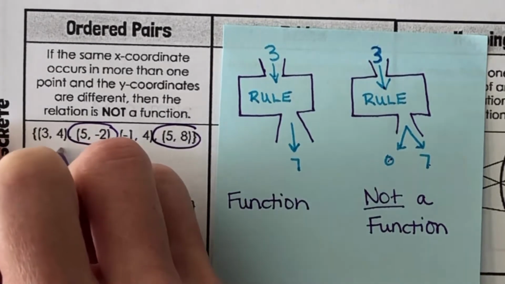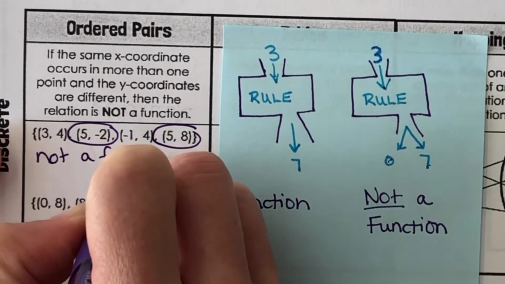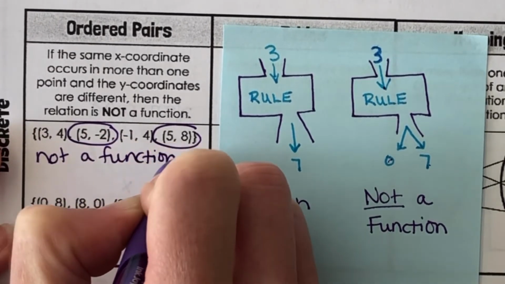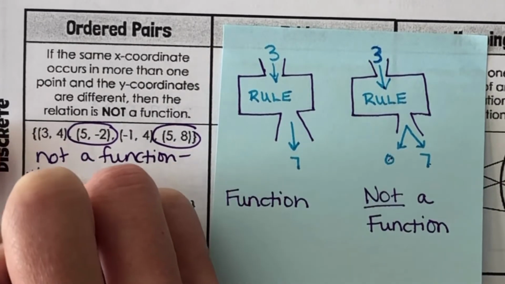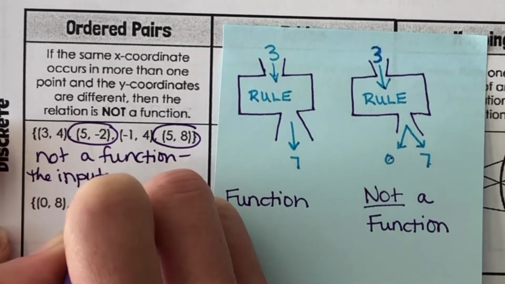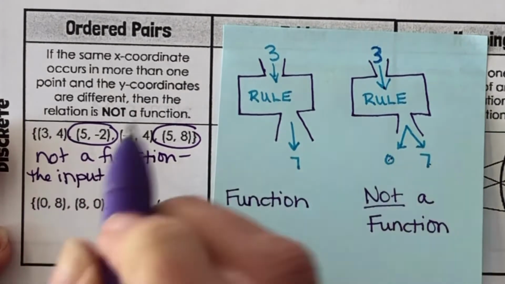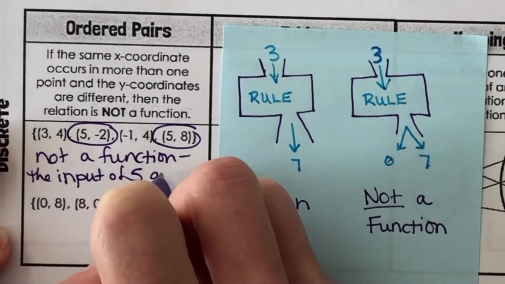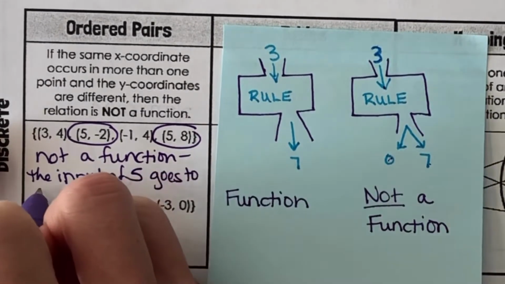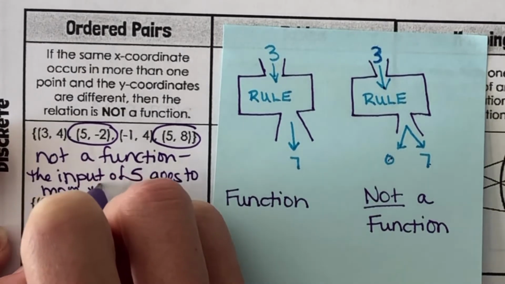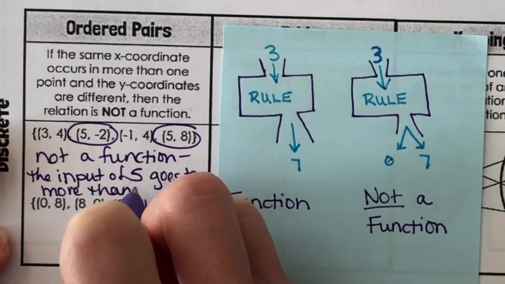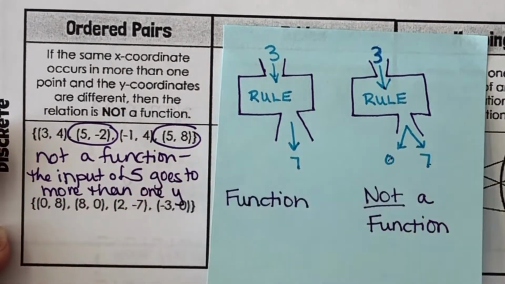So not a function. The input of 5, where the x value of 5 goes to more than one output. One y value, one output.